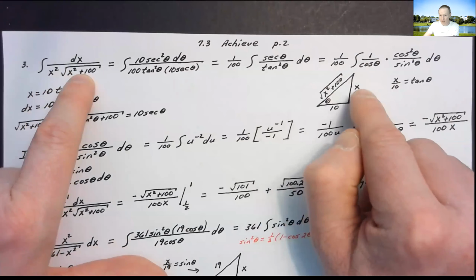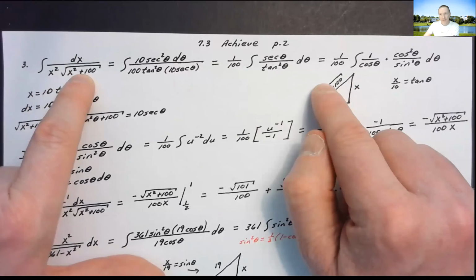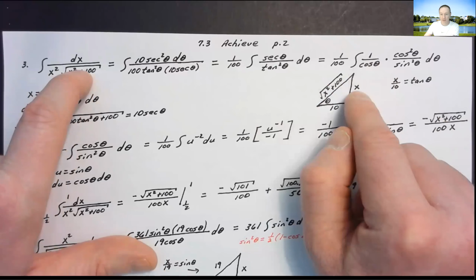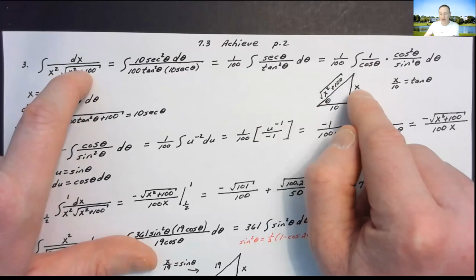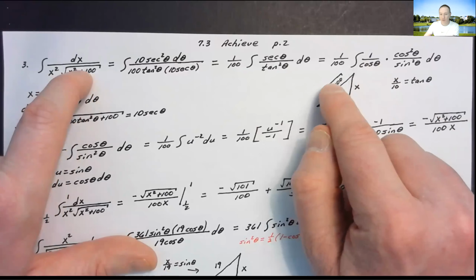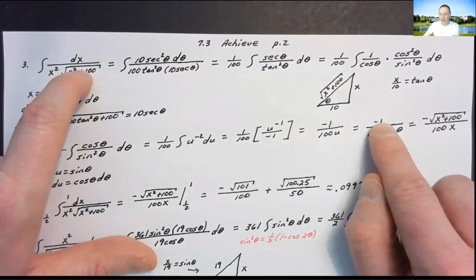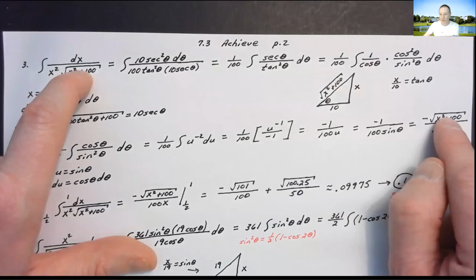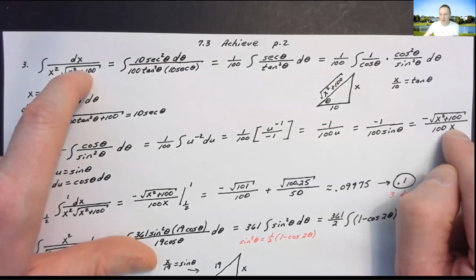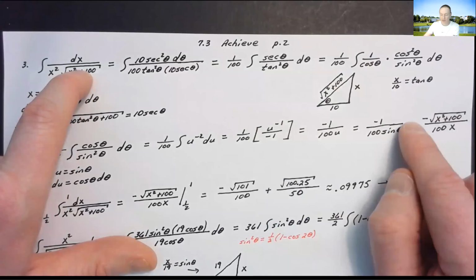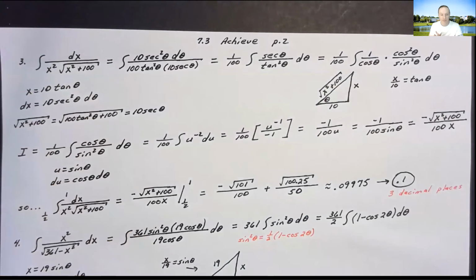So in that denominator, I would have the fraction x over this root. If you're dividing by a fraction, why not multiply by the reciprocal? So instead of dividing by x over the root, I multiplied by the root over x. That's where I got this answer: -1 times the root of x squared plus 100 over 100 times x. Much cleaner than leaving that ugly fraction in the denominator.